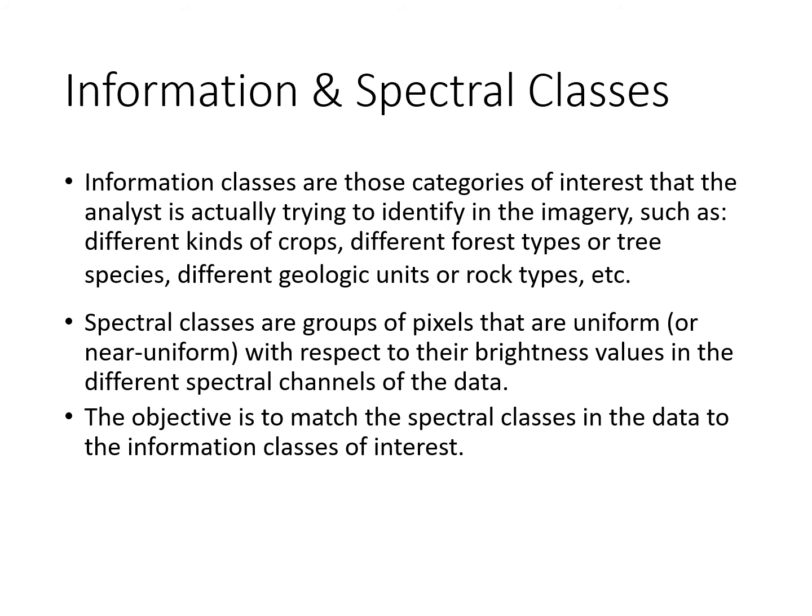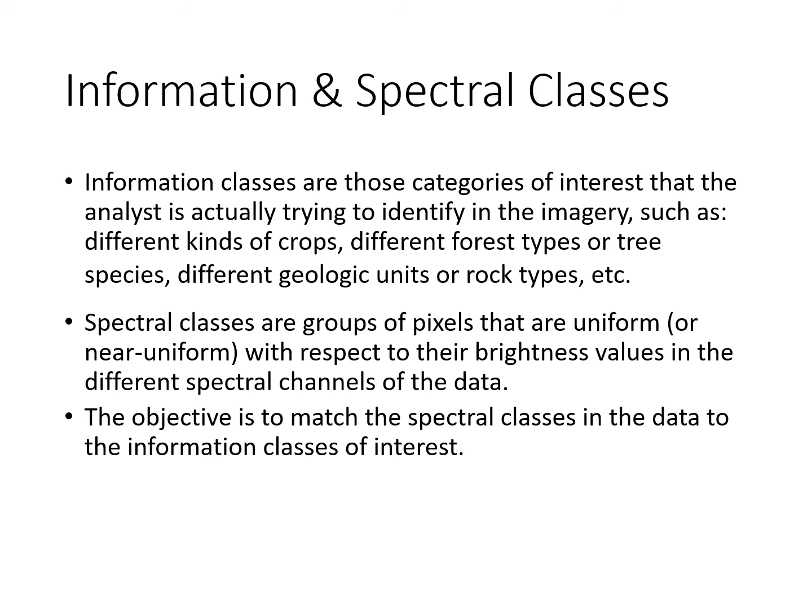And therefore, if you plotted out spectral values within, say, that band 3, band 4 graph or space that we were just looking at, all those pixels would fall within a relatively small area. And so that would be a spectral class, okay? And the objective in classification is, in some sense, matching the spectral classes in the data with the information classes of interest, because those spectral classes, they have a sort of mathematical reality in the data.